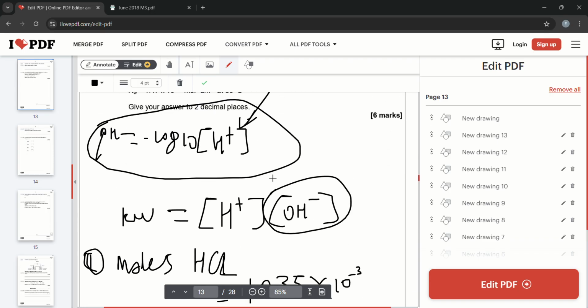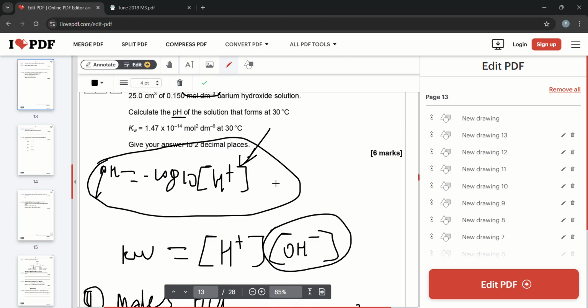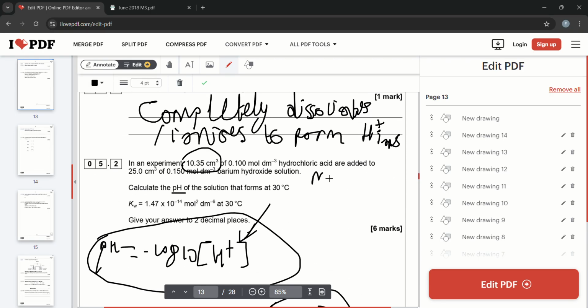We don't want the moles, we want the concentration, and we know moles is equal to concentration times volume. So concentration is equal to moles divided by volume.